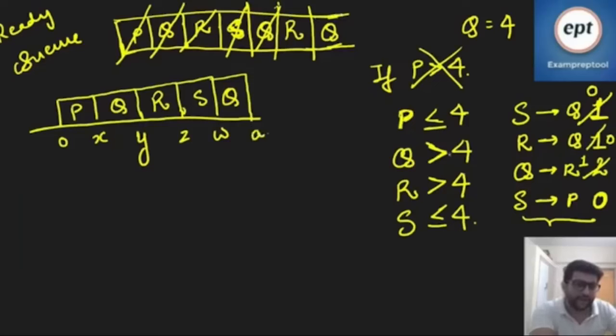Now we can say that the burst time of the process Q will be greater than 8, right? Why? Because it has been executed 2 times. We know that the time quantum of round robin algorithm is 4 and it is still in the ready queue, right? So it means that the burst time of process Q is greater than 8.